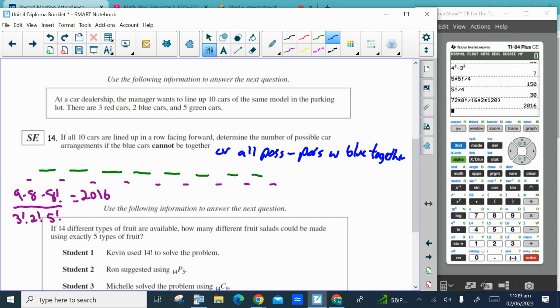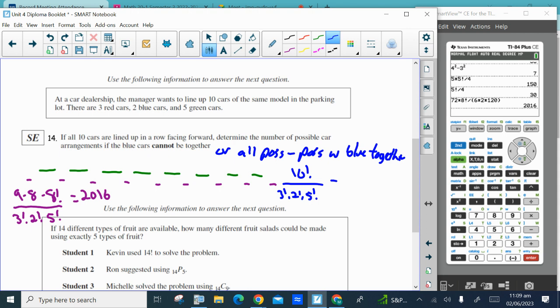So all possibilities is all cars, 10 factorial, but again we have to divide by the repetition. Minus, okay, if the blue cars have to be together, that means they count as one object to be arranged.